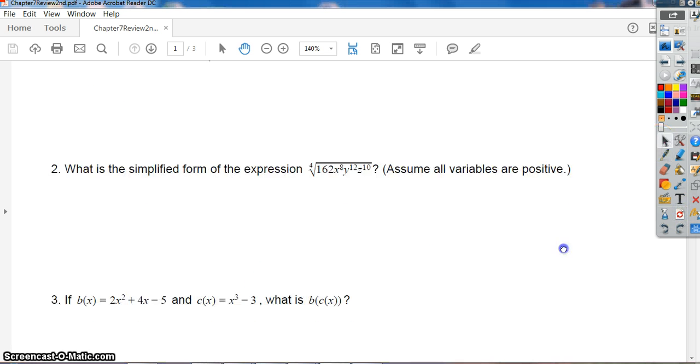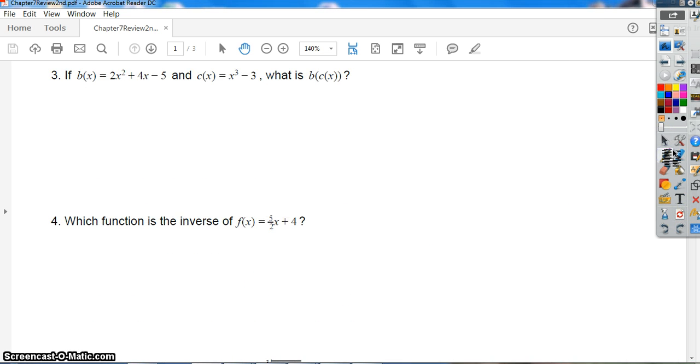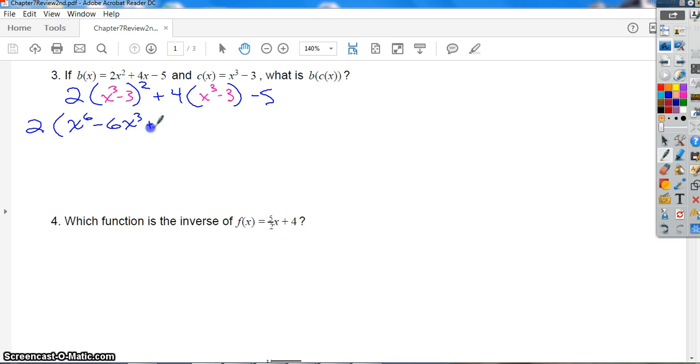All right. Let's go down to numbers 3 and 4. If I'm going to do B to C, I'm going to rewrite B, but every time you see X, I'm going to leave it blank. In that inside where X was, I'm going to put X cubed minus 3. In the first one, I'm going to FOIL. This will be 2 times X to the 6th minus 6X to the 3rd plus 9.